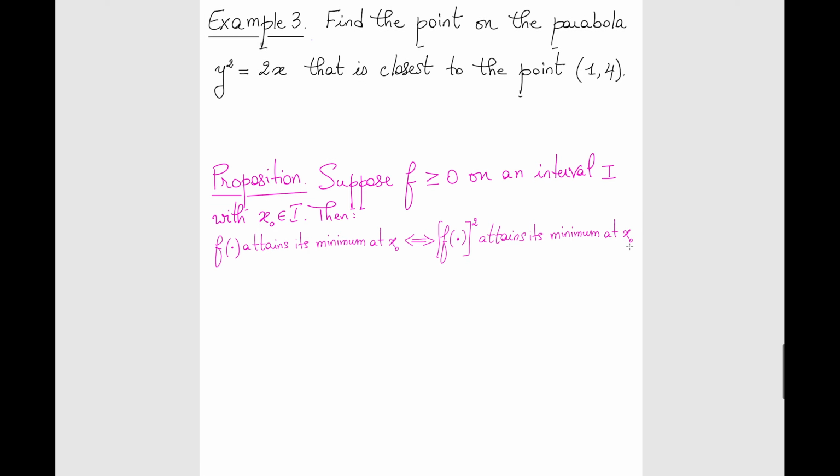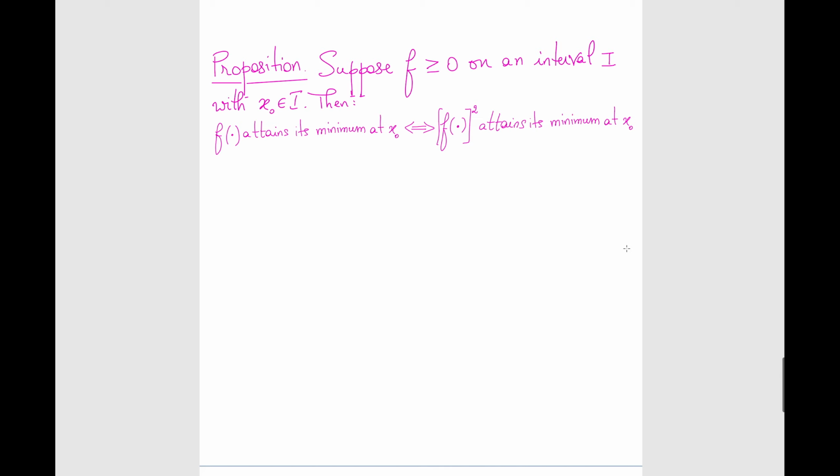Okay, so let's actually prove this proposition. This is an if and only if statement, so it's a double implication. It's a two-way street, correct? So it's this way, and it's this way. Correct?